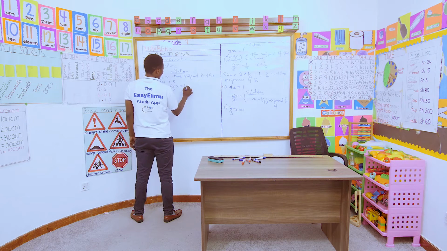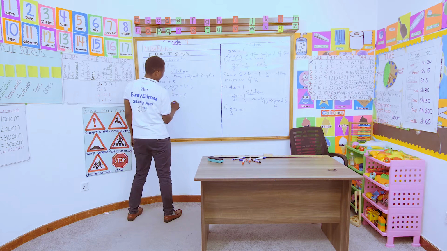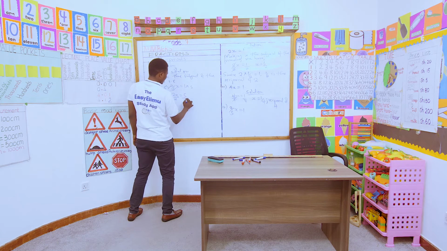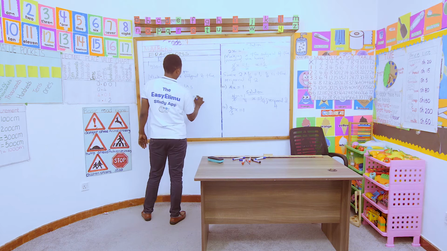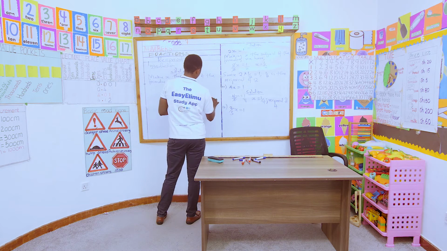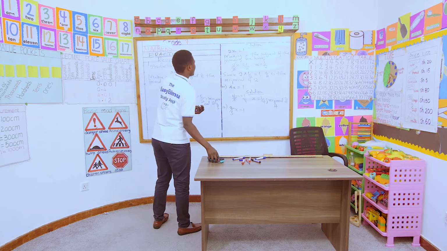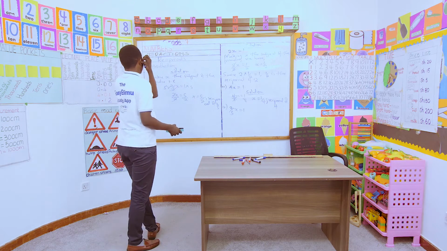Multiply both sides by the denominator such that you have 2x is equal to 5. Divide both sides by 2. So our x is equal to 5 over 2, which is the reciprocal of 2 over 5.